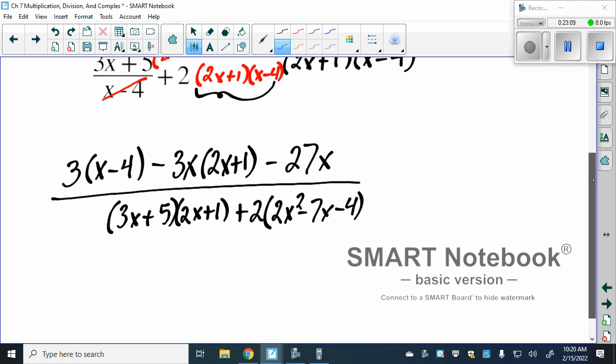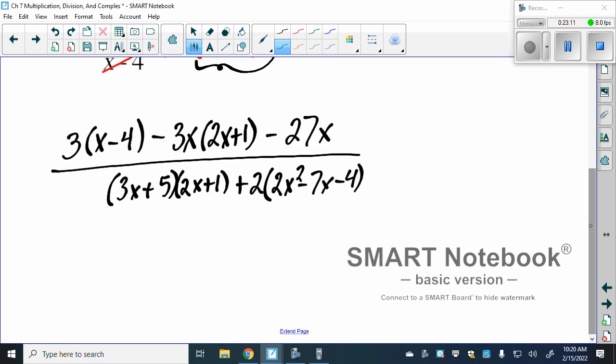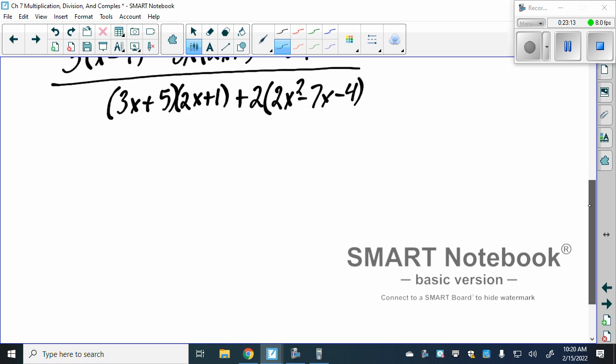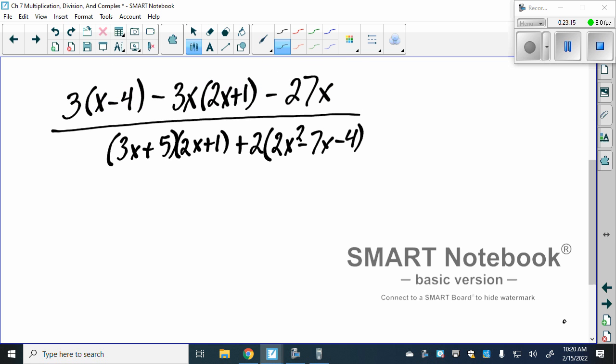So we can put them back together. Now the numerator, we do have to multiply through and distribute.